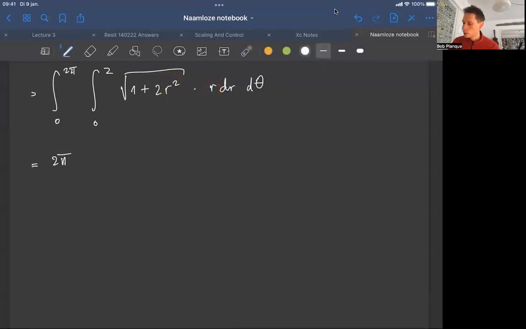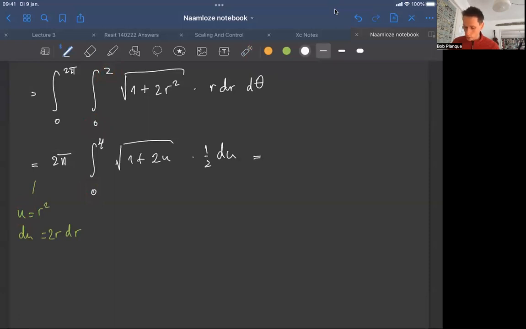And the other thing is that I have to integrate this, but here there's an r squared, and here there's essentially the derivative of that. So I'm doing a substitution, u equals r squared, so that du equals 2r dr. And so r dr is 1/2 du. And if r goes between 0 and 2, then u goes between 0 and 4. Square root of 1 plus 2u times 1/2 du. All right, so from here on, it's a standard integral.